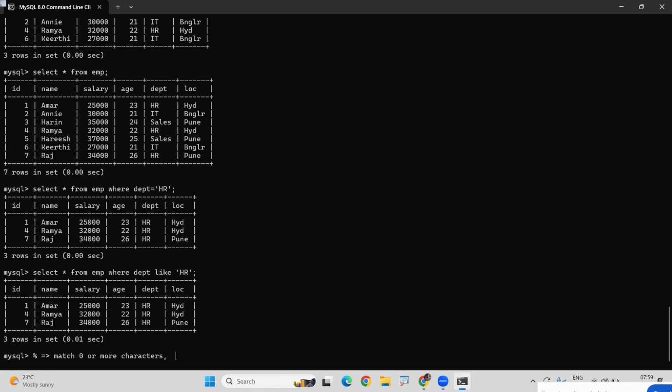Next, underscore matches exactly one character. Percentage means zero or more characters match. Underscore means exactly one character match. So don't get confused. If you see a number of examples, you will get clarity.